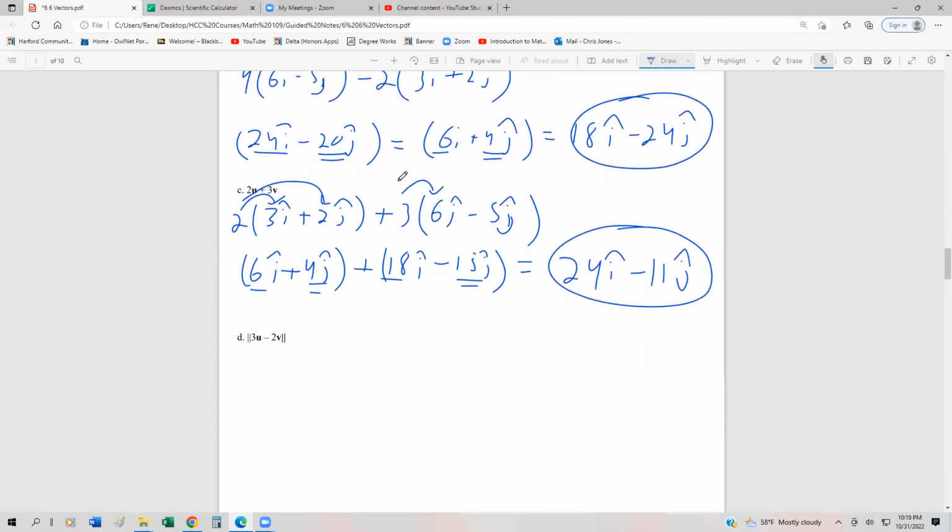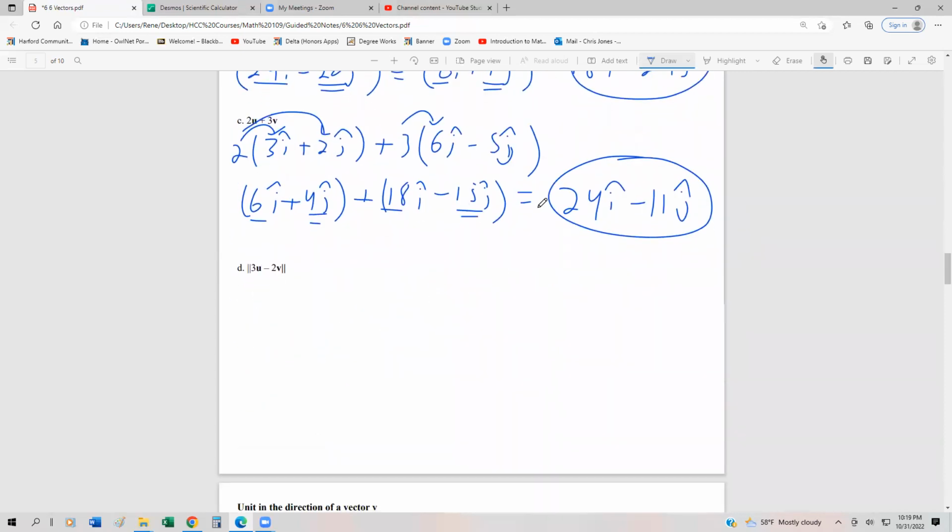Okay. Finally, a magnitude problem. Not too difficult. So 3u, so I'm going to have 3 times the quantity of u, which was 3i plus 2j, and then minus 2 times the quantity of, we had 6i minus 5j. We're going to distribute. Now I'm ignoring the magnitude for a moment. I'll show you what to do after that.